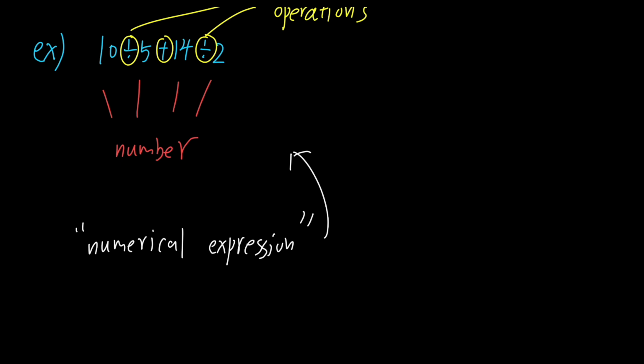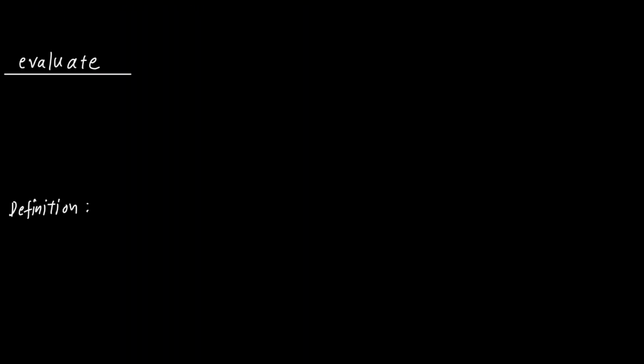Then why do we have these expressions? What's our ultimate goal? Our ultimate goal is to calculate it. We want to evaluate. So that's why I want to introduce you a new term, evaluate. It simply means if I have a numerical expression, I want to figure out the result, what that will equal to.